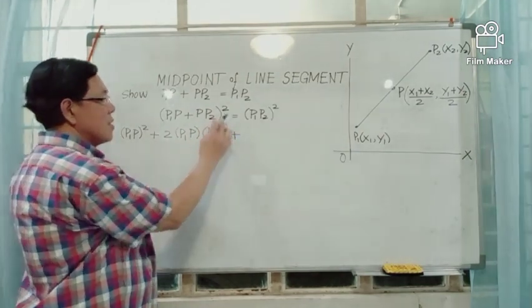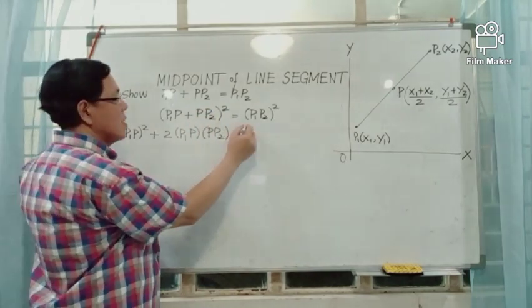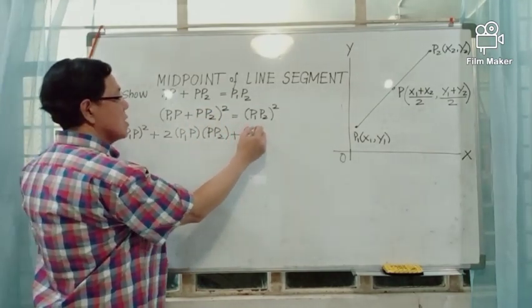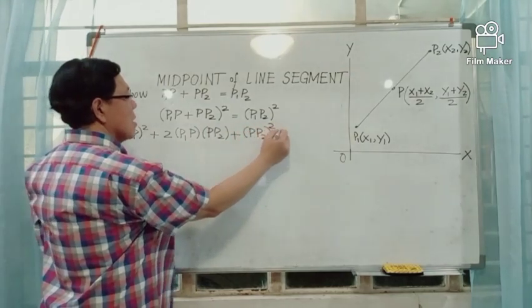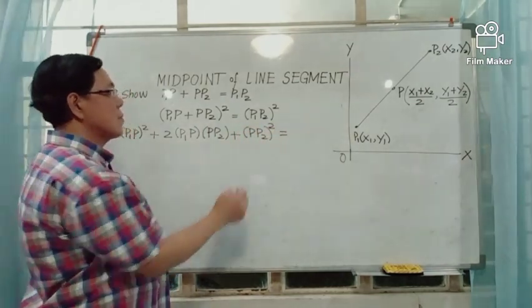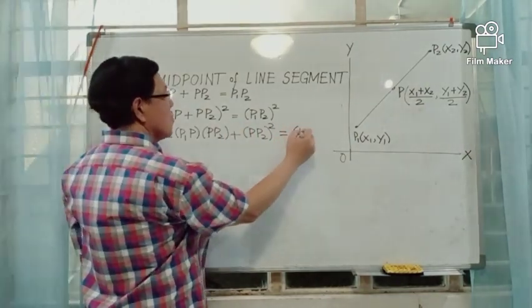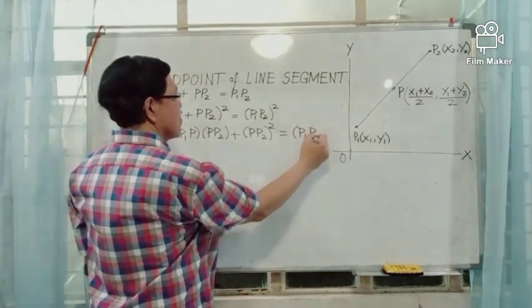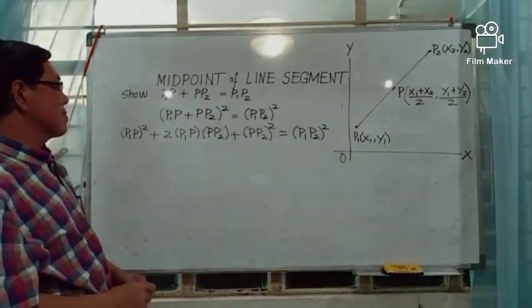And the last term in the square of a sum is the square of the second term, the square of the distance from P to P2. And this should be equal to the square of the distance between the endpoints of the line segment.